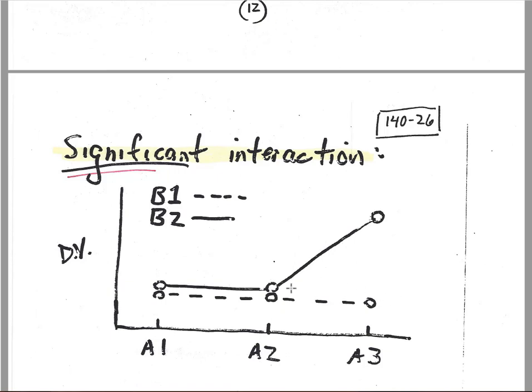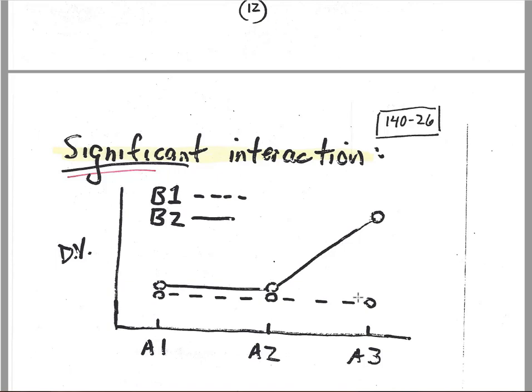What do you mean corresponding line segments? Corresponding line segments are line segments that are over and under each other. This line segment is above this line segment, and that makes these two corresponding line segments. This line segment is not parallel to this line segment, and that means I've got a significant interaction effect.